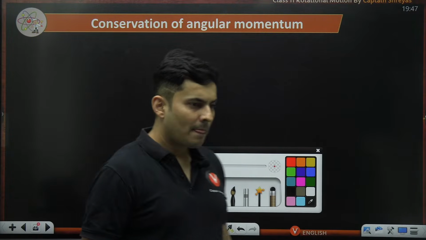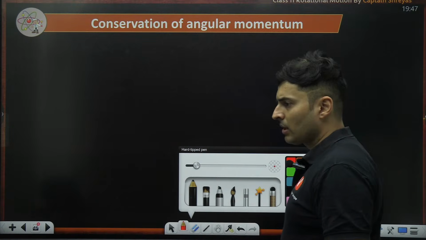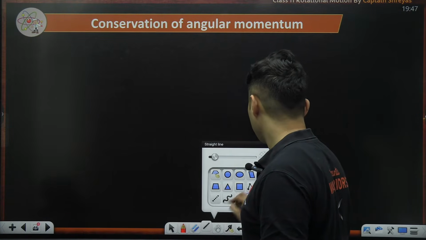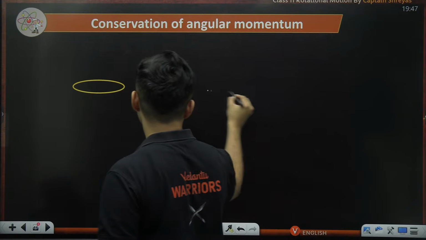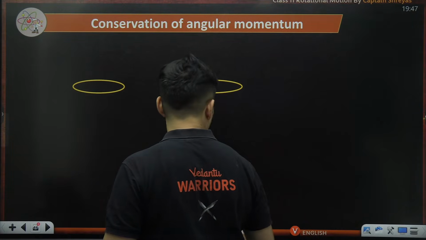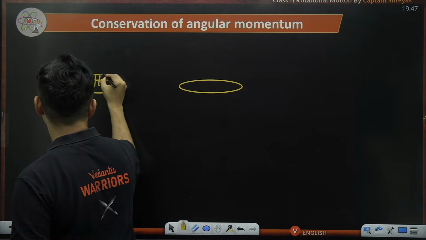Now, you can try it out on a merry-go-round also. Imagine this is a merry-go-round, and our Pandu is there.